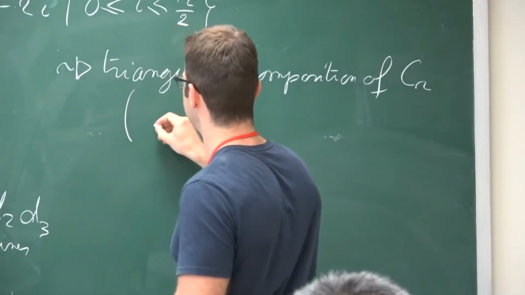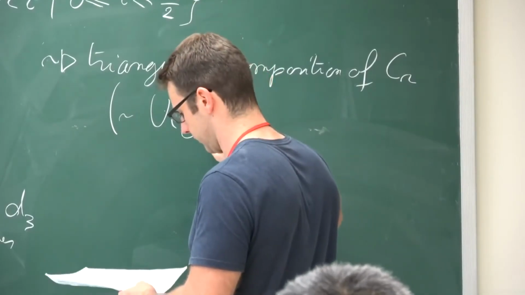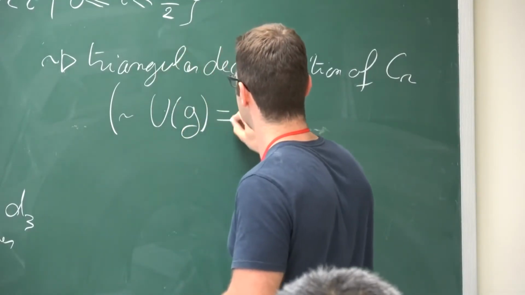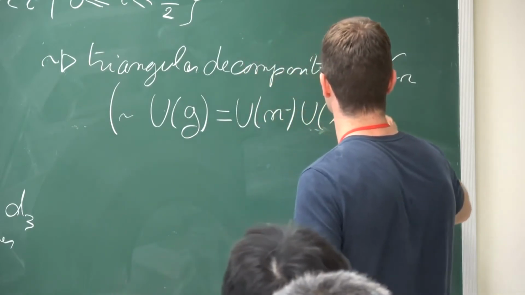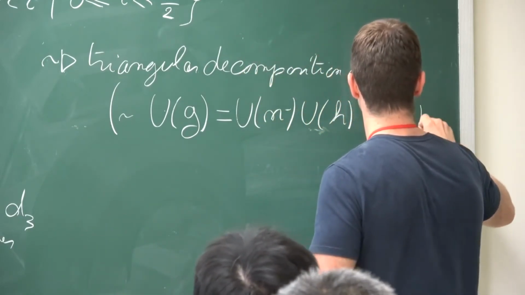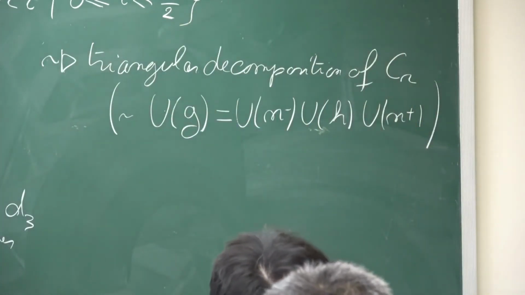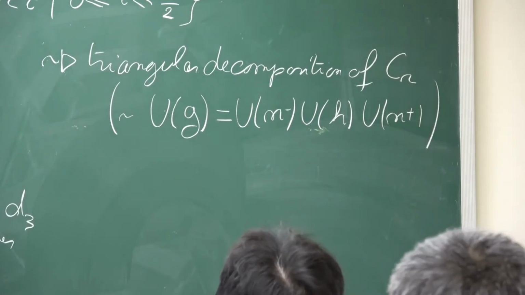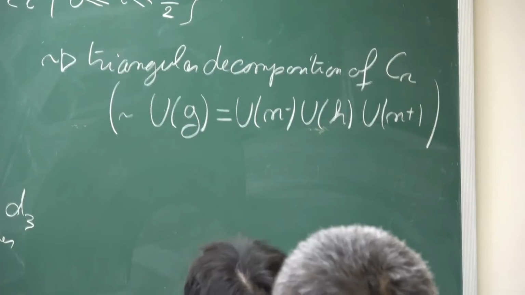Triangular decomposition in the sense that it's similar to the way that for a reductive Lie algebra you can write this as a consequence of the PBW theorem. So that's how you can look at these things, as somehow positive roots, a Cartan, and negative roots.